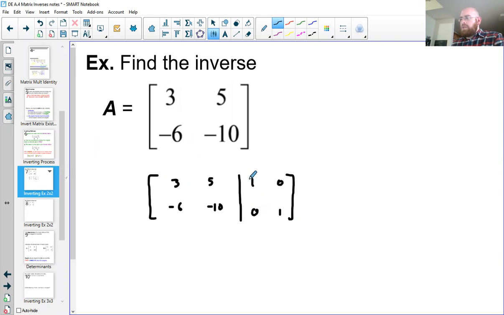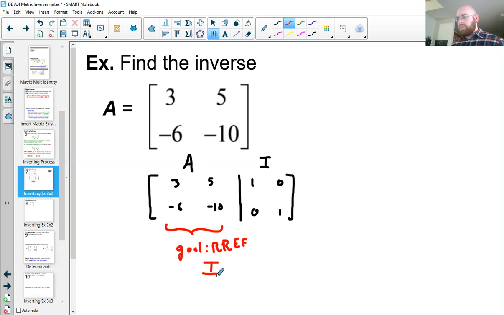Now remember, this is our identity matrix on the right, and this is our matrix A on the left. And our goal is to make this side reduced row echelon form, which in general would be the identity if we're going to have an invertible matrix.